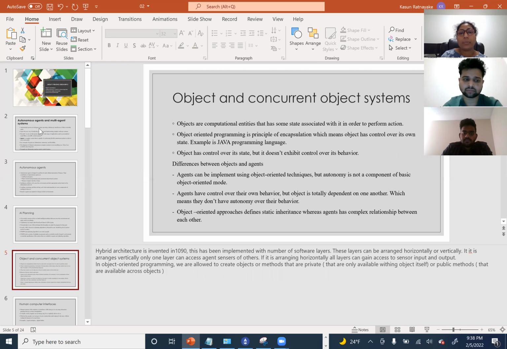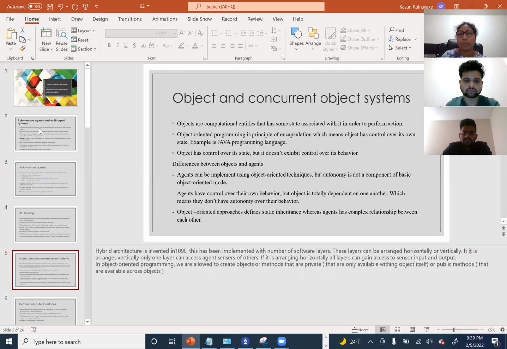Now objects and concurrent systems. Objects are computational entities that have some state associated with them when they perform their actions.